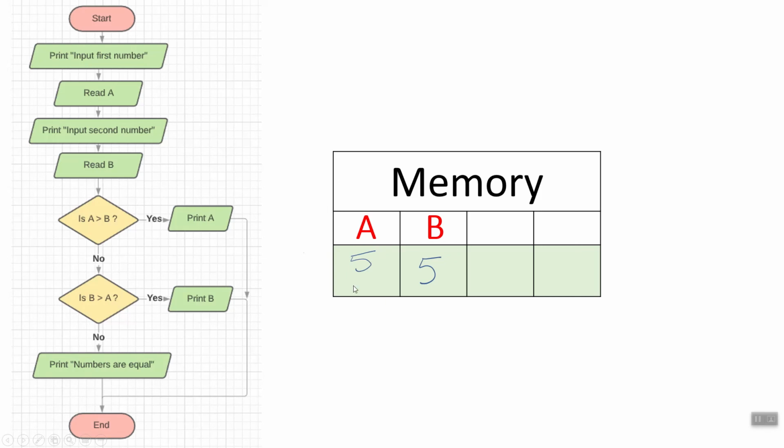No, 5 is not bigger than 5. So in this case, we're going to output on the screen numbers are equal. So this one just has a little bit of extra dimension to it to say, right, I can also work out if these two numbers are equal rather than just work out which one's the biggest. So it's a slightly more sophisticated algorithm.